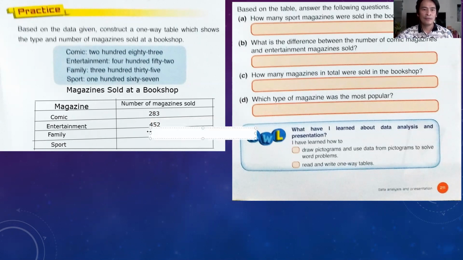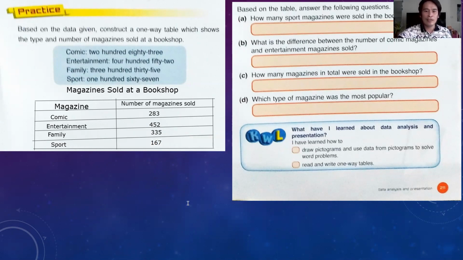Family is 3, 3, 5. And sport, 167: 1, 6, 7. Okay, and then, so this is a perfect one-way table.